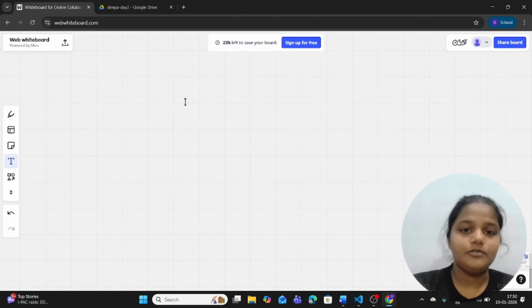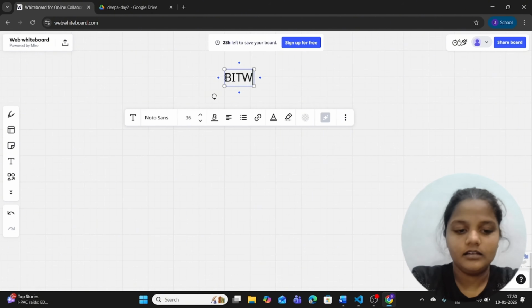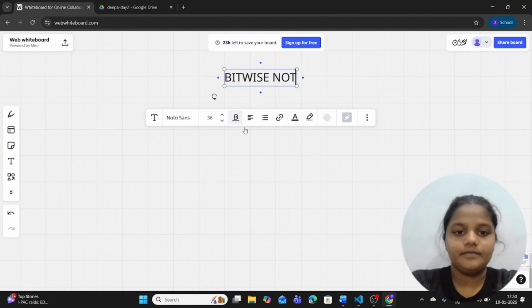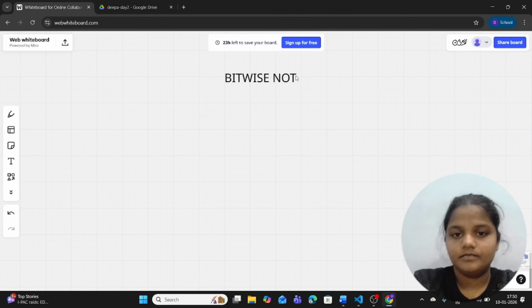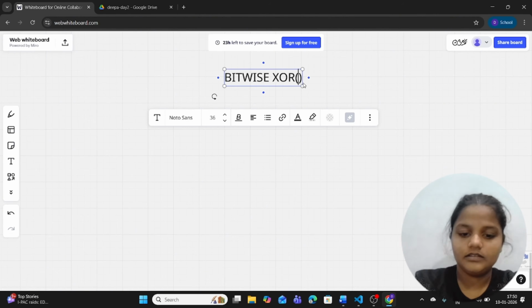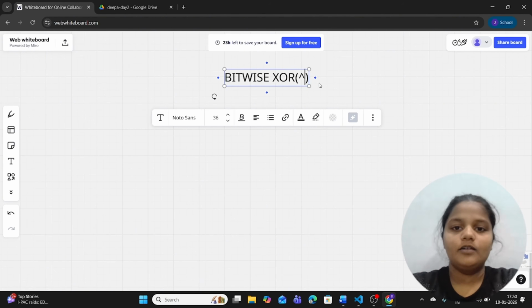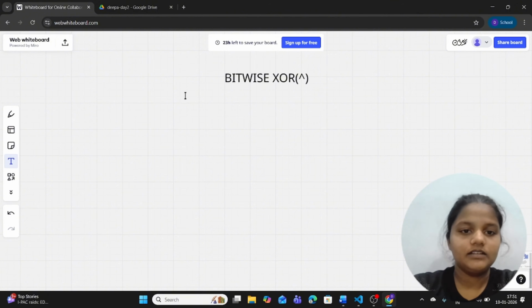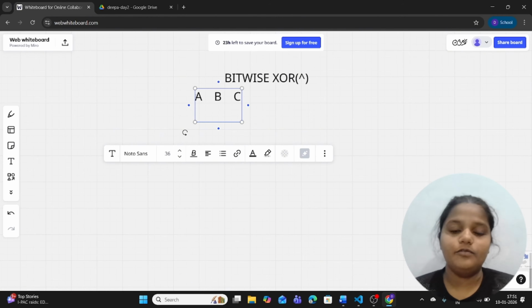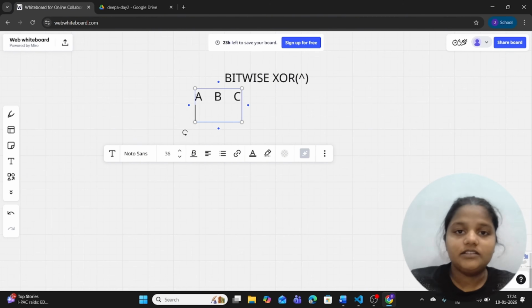Okay. Now we are going to see about the XOR operator. The XOR truth table has inputs A, B and an output C. XOR will give 1 as output when the bits are different.